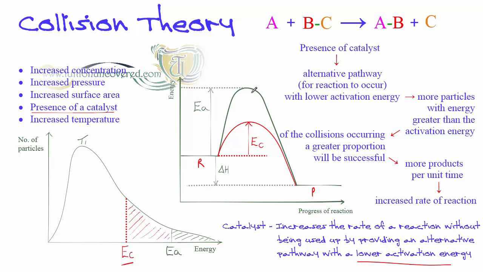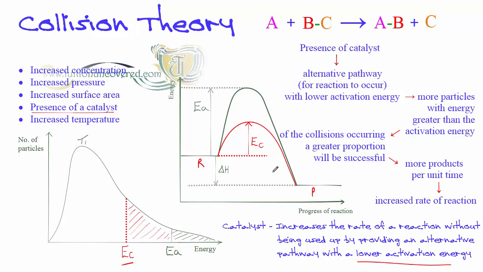Now let's add the catalyst. Activation energy has been reduced to the red curve. With a lower activation energy, we're providing an alternative pathway to get to the same products, for the reaction from reactants to products to occur. The delta H has not changed. That's the start, reactants. That's the finish, products.